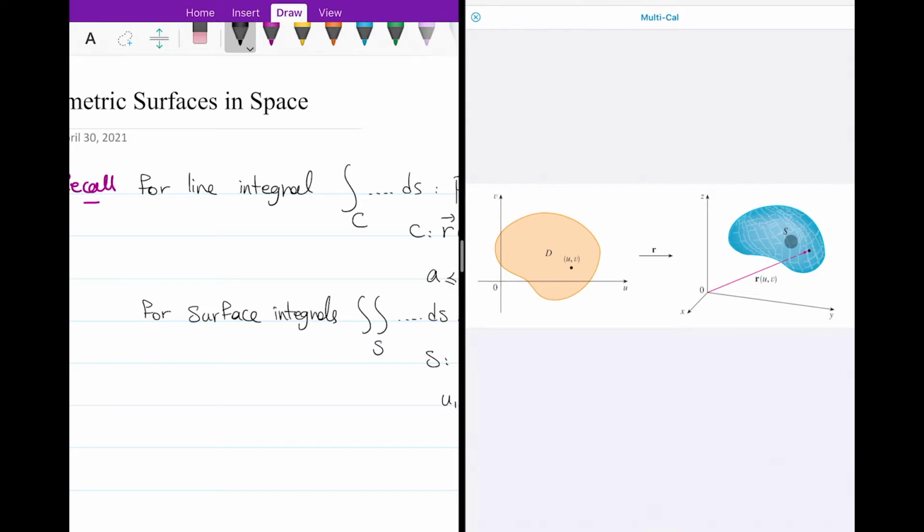Any surface looks like, for example, z equals f of x and y. It has 3 variables, but I use 2 variables, u and v, to parameterize that.